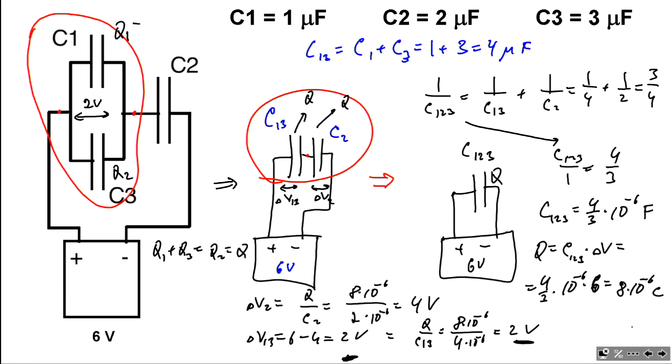Well, Q1 should be equal to C1 times delta V1. It should be equal to 1 microfarad times 2 volts, 2 times 10 to the minus 6 coulombs.